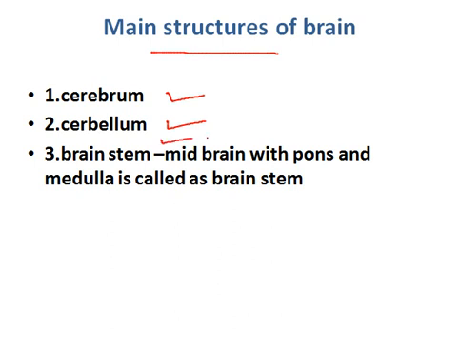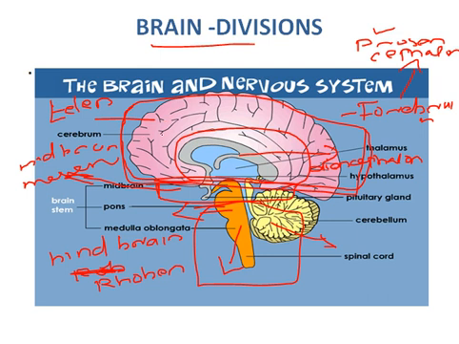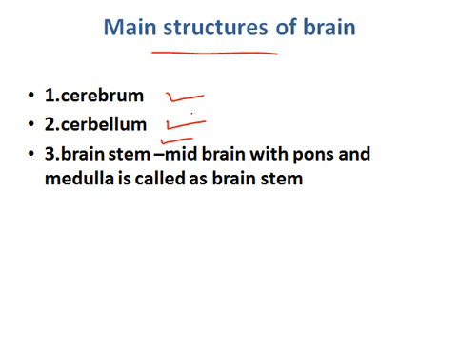We'll go to this picture. Here you can see the outer part. This is the cerebrum. And you can see here cerebellum and brainstem. The third part is the brainstem.